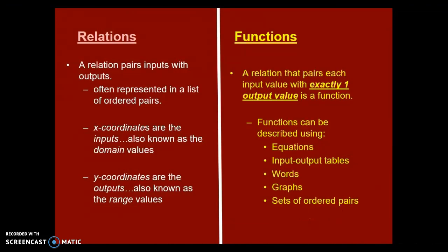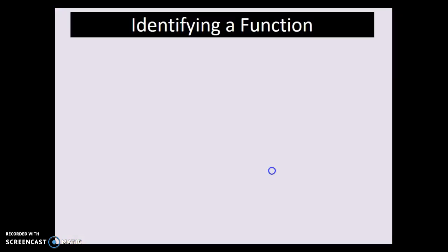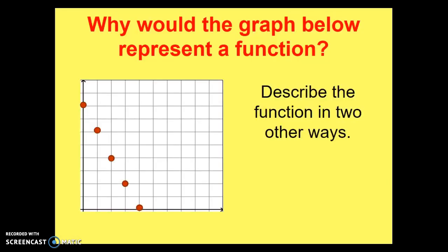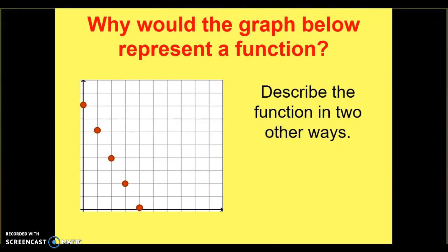So let's take a look at some and see if we can determine how this would be represented as a function below. We can describe this in two different ways. We can talk about all of our inputs. This is a coordinate plane, so this is 1, 2, 3, 4.